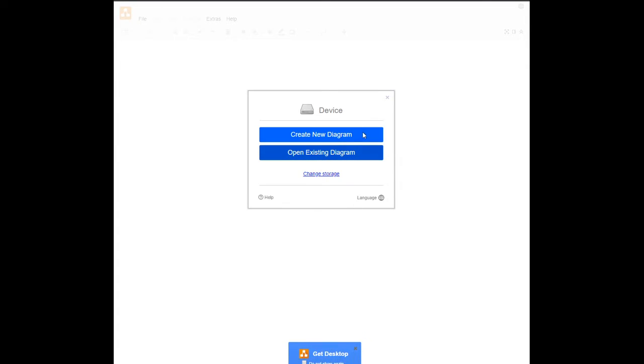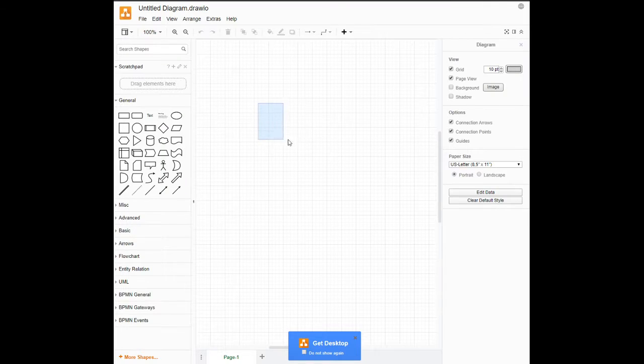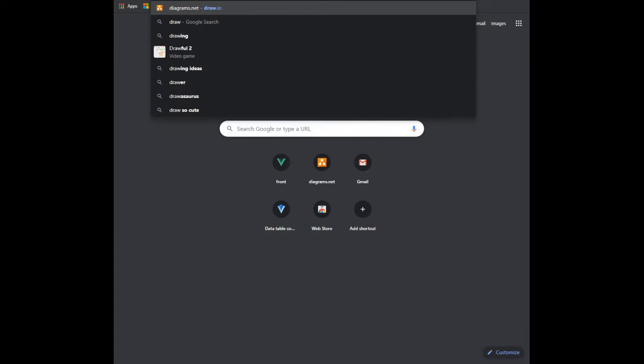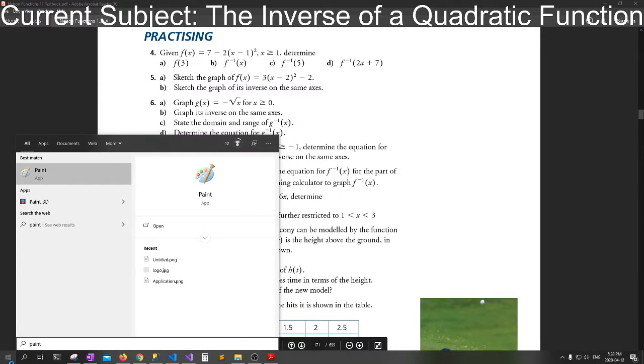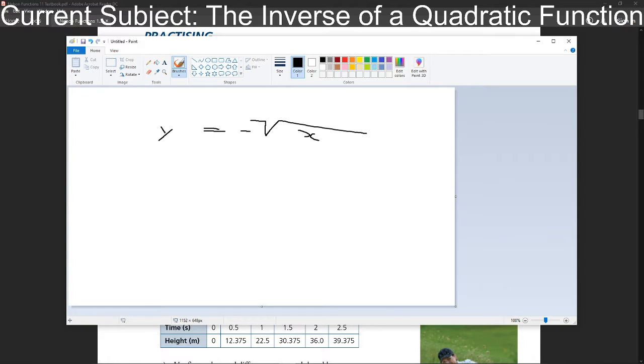I don't think I can draw on this. Actually, let's do some good old Paint. So wait, we have y equals negative root x, correct?